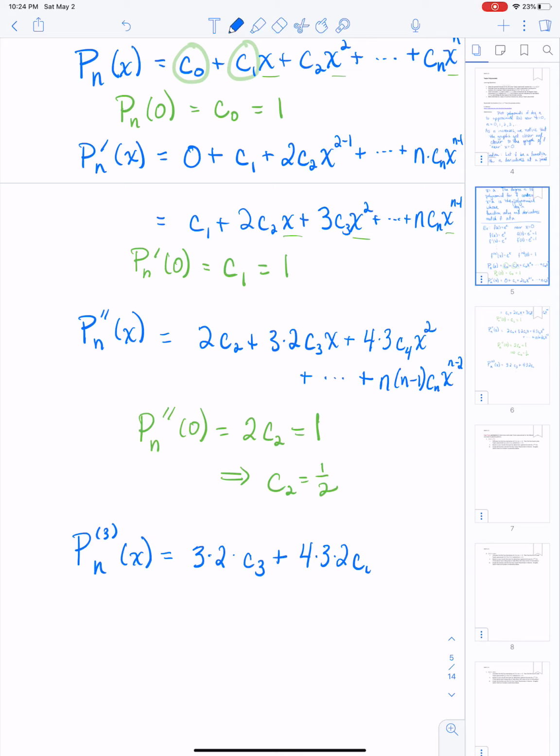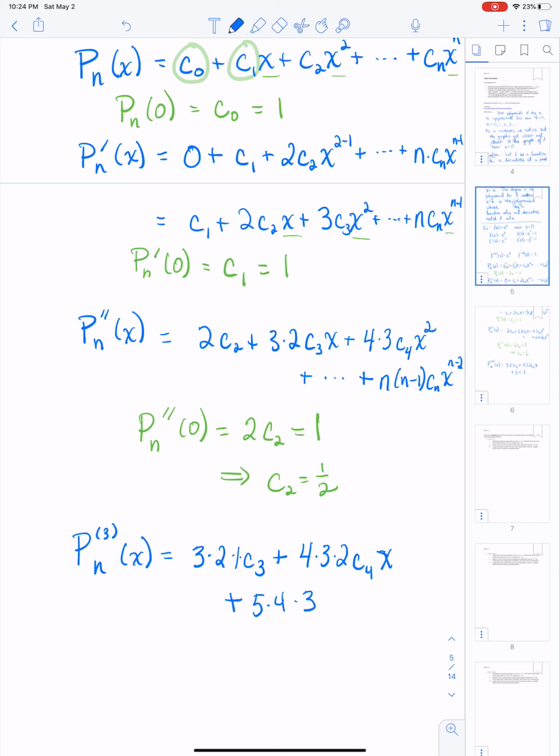Okay, 4 times 3 times 2 times c4 x plus 5 times 4 times 3. And maybe to make things even more apparent here, I can put 3 times 2 times 1 times c3. Each of these terms here has 3 different numbers multiplied.